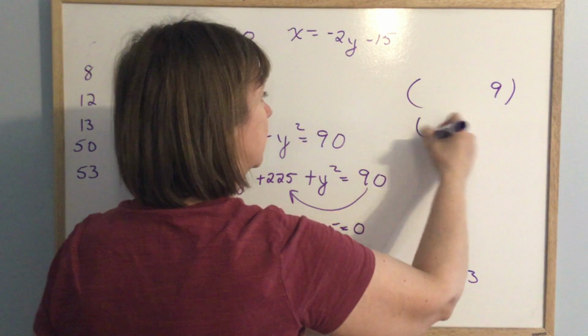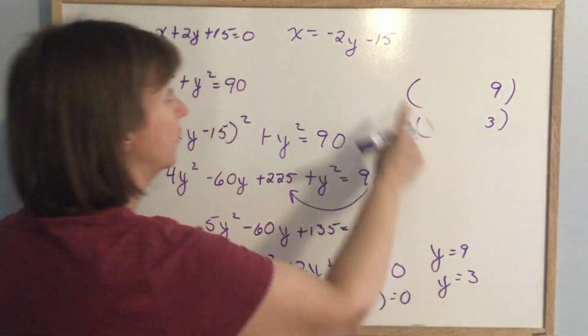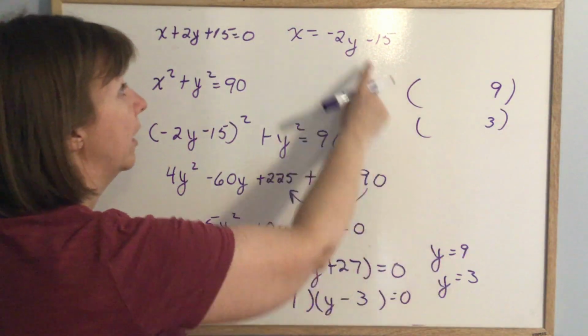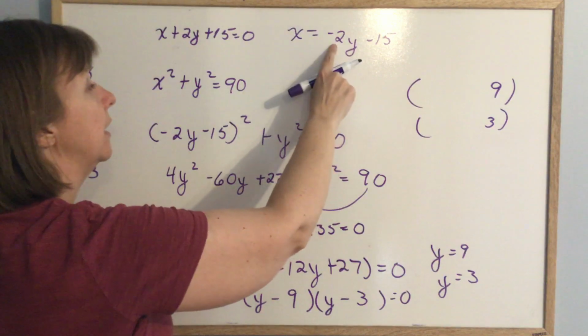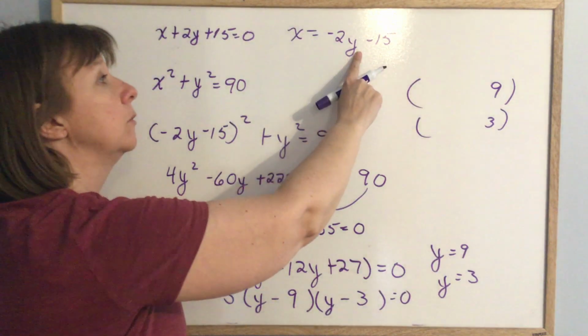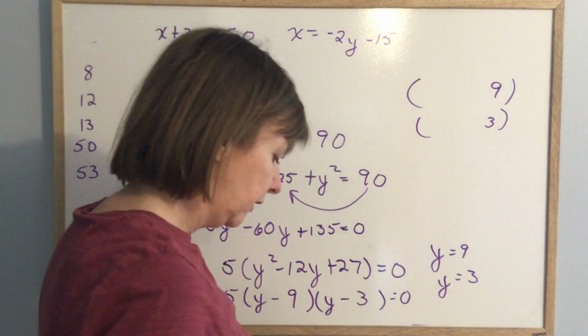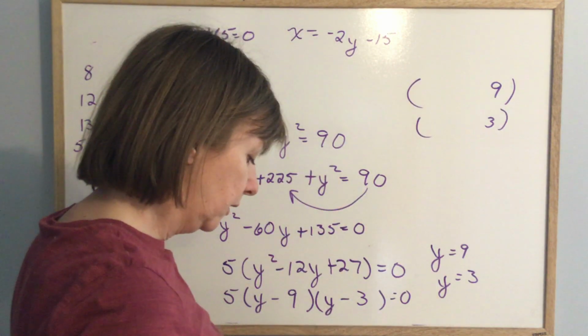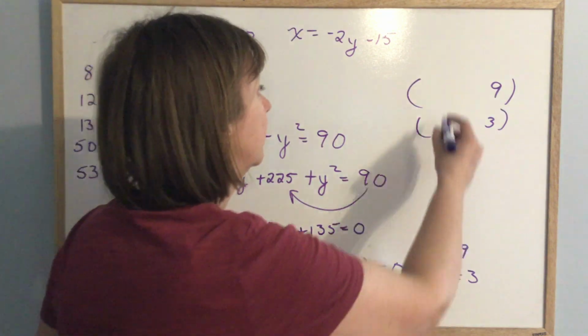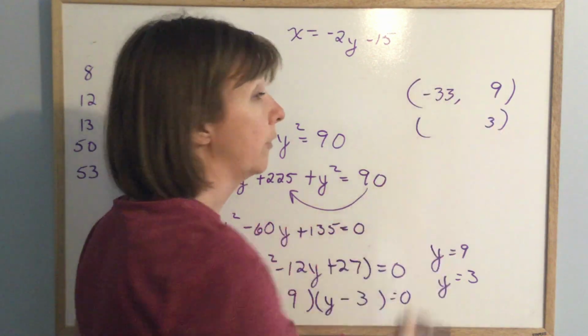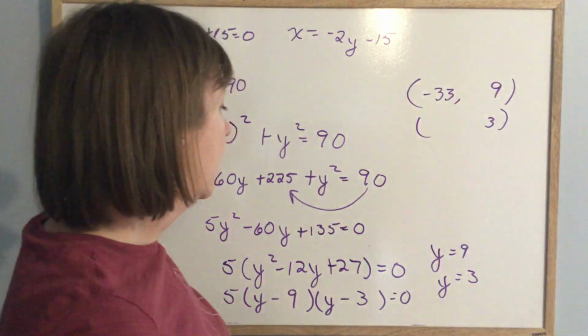So 9 or 3. So if y is 9, -2 times 9 would be -18, and -18 minus 15 is -33. Oh, that sounds awful. I'm going to check the answer on this one.